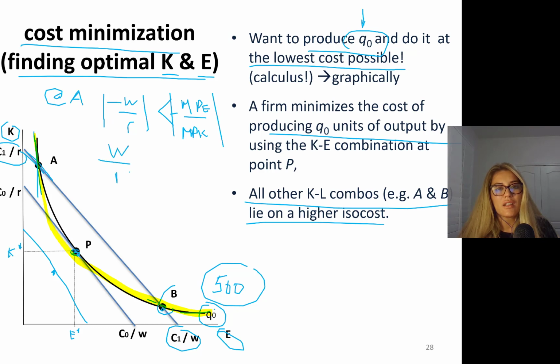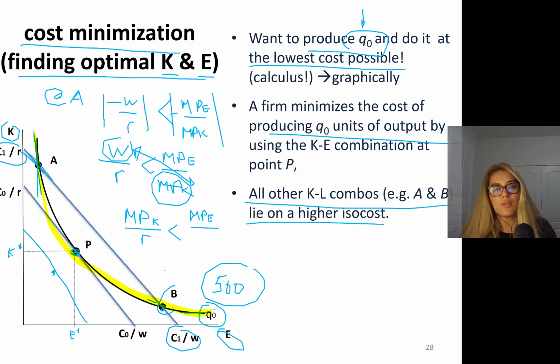W over R less than marginal product of labor over marginal product of capital. You can actually move these, okay? So let's put wages here, marginal product of capital up there. I'm just going to swap them. So you move this to the numerator, left hand side, marginal product of capital divided by rental rate less than marginal product of labor divided by, I'm swapping the W down here.